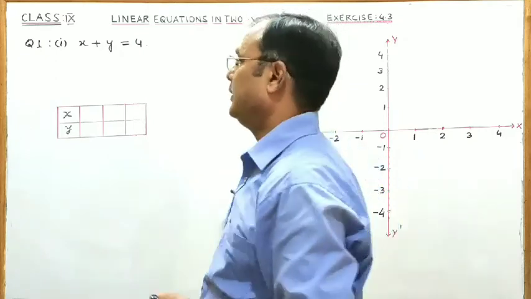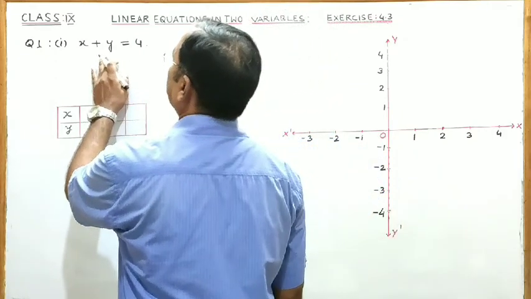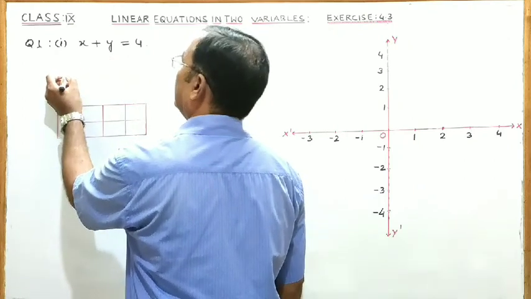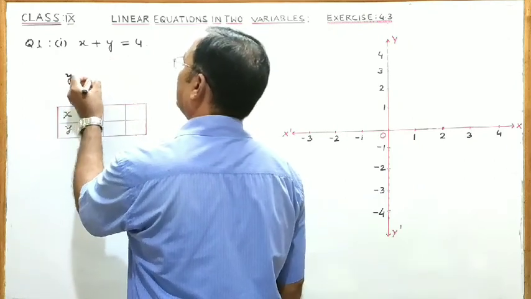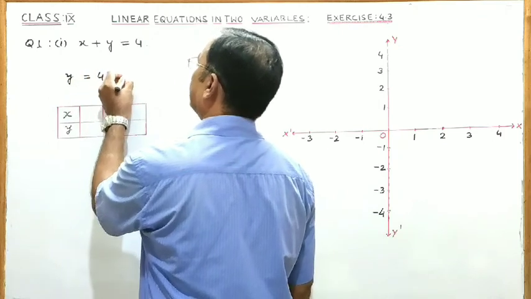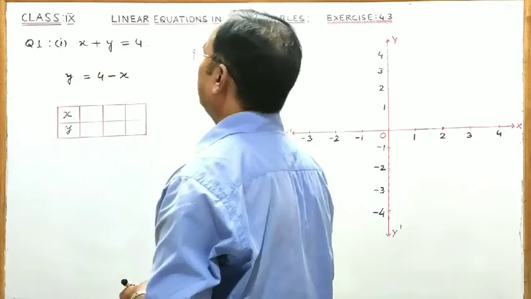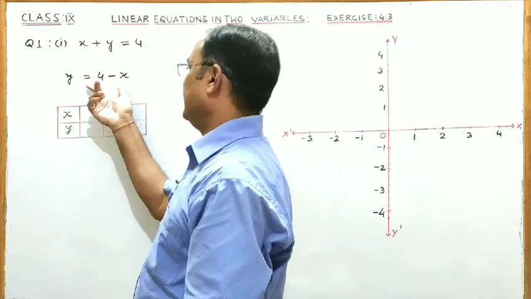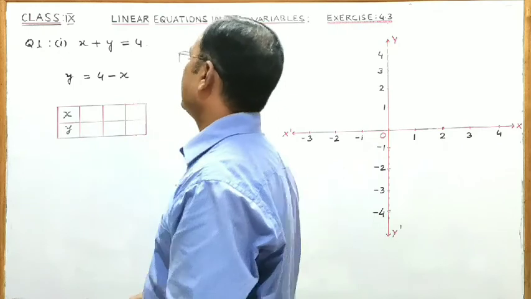its graph. So first of all, let us write this given linear equation x plus y equal to 4 as y is equal to 4 minus x. And then let us write three solutions of this linear equation in this table.